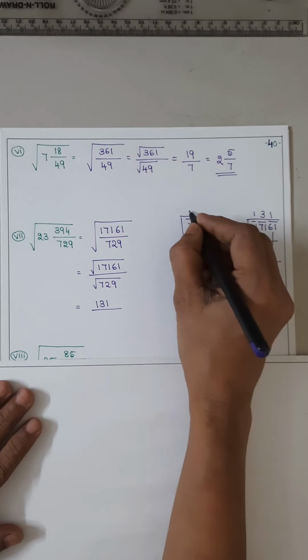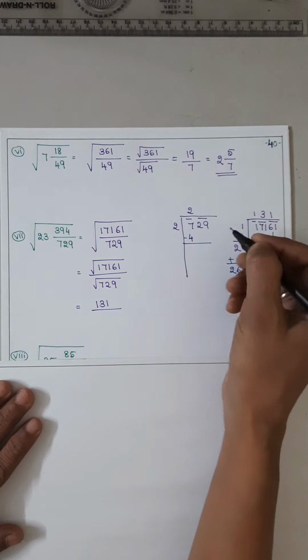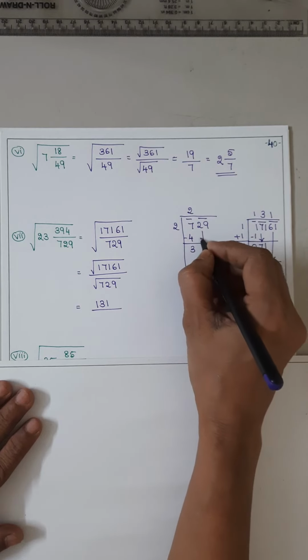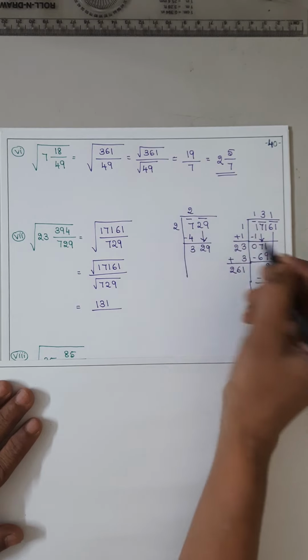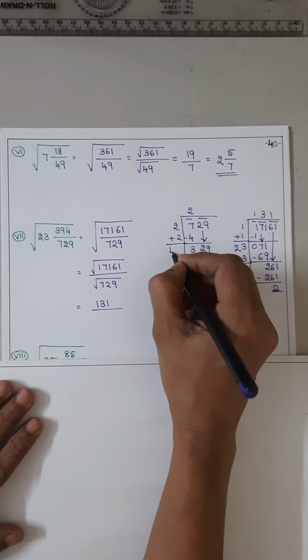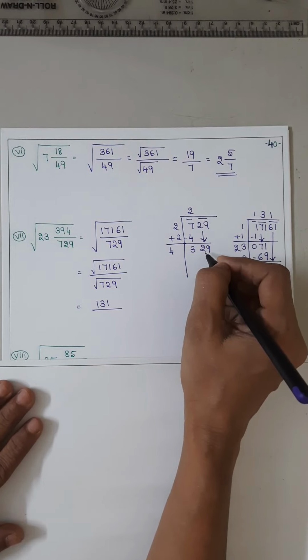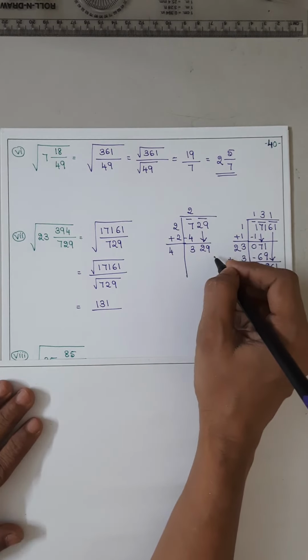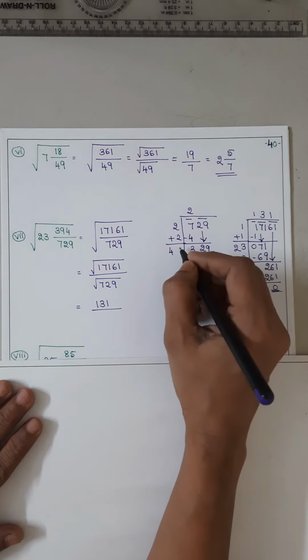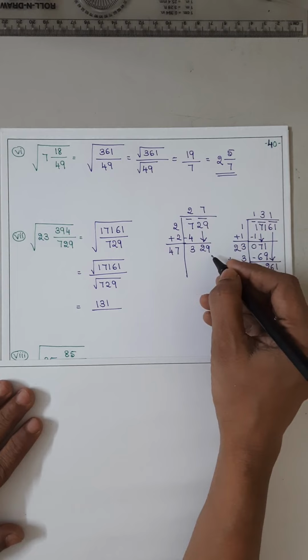It is 2 2s are 4. 3 remains. 29, bring it down. Add 2. It is 4. 4 how much are 32? 4 8s are, but it is ending with 9. So you have to check with 7. It is a perfect square.